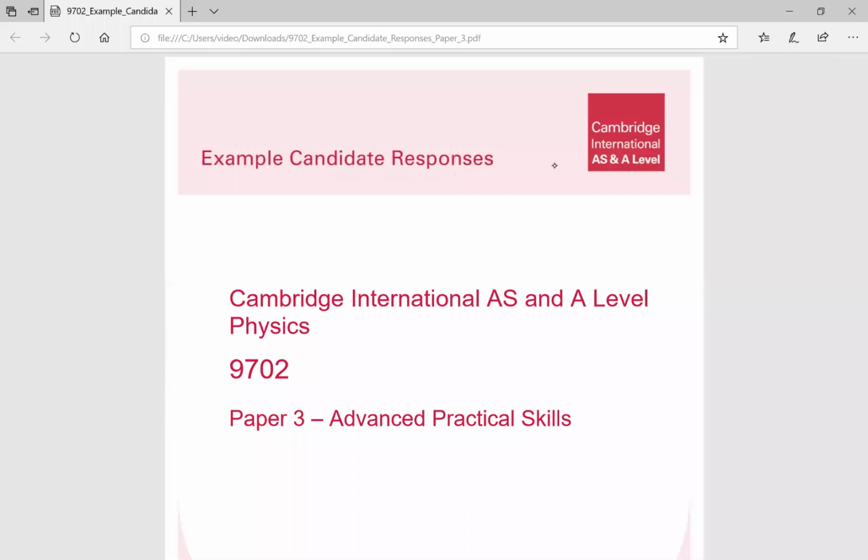Because for both of the experiments, even if you don't know how to do the experiment, you could still get 18 out of 20 just by making sure that certain aspects are taken into account.